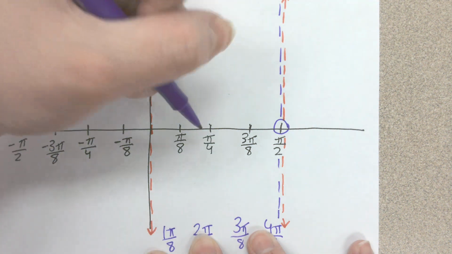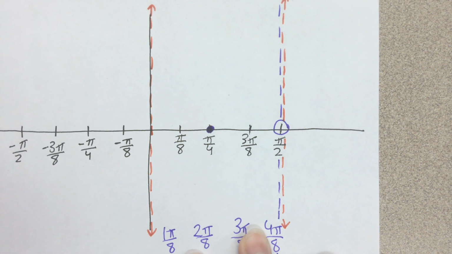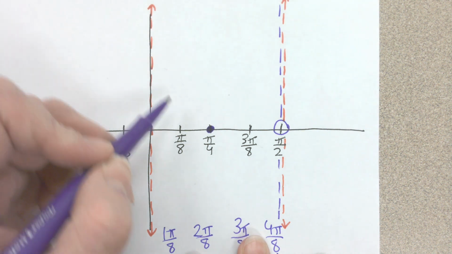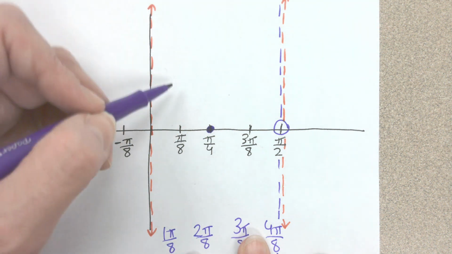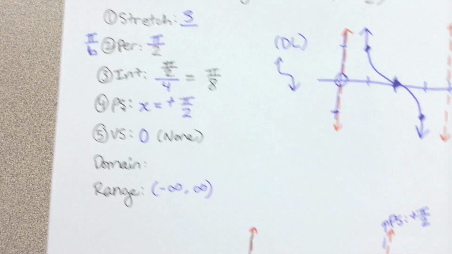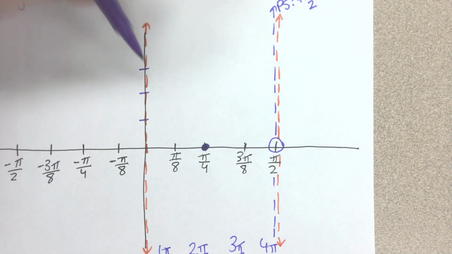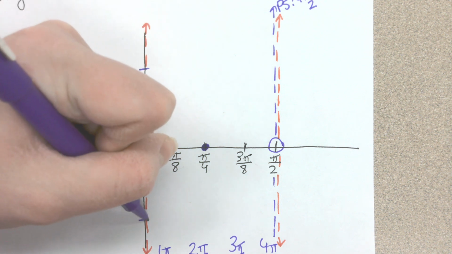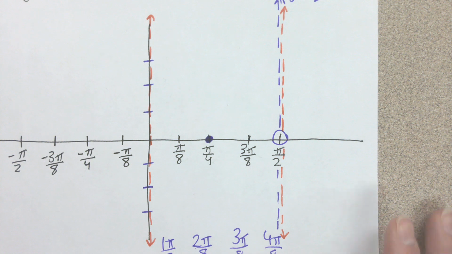The middle point is always on the midline. It's the center of the curve. From here, this is a disco left shape, so we go up to the left, down to the right. I always like to go up first. That's determined by our stretch, which in this problem is 3. So I'll be going up 3, and when I do the bottom arm, down 3 on the y-axis here.